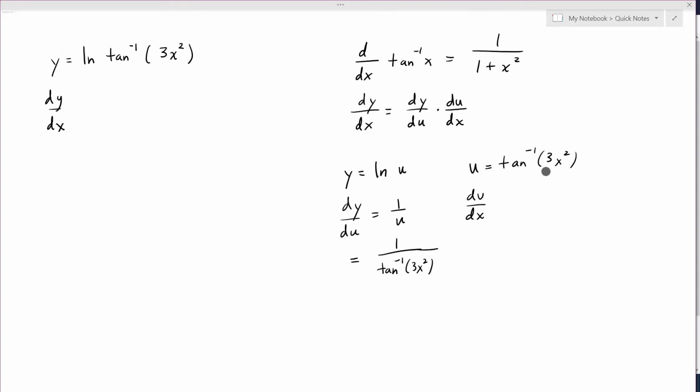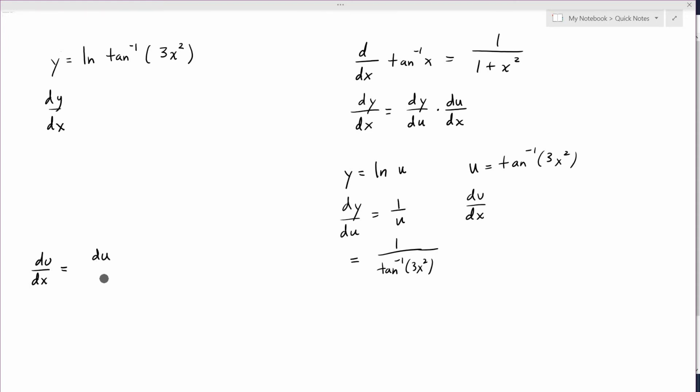Of course, to do that, we're going to have to use the chain rule again, because this is actually a composition of functions unto itself. Okay, so let's find du/dx using the chain rule.